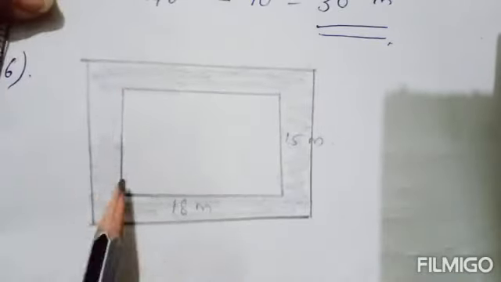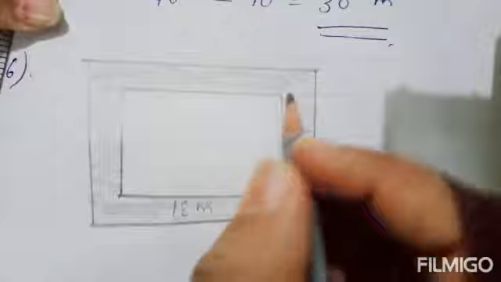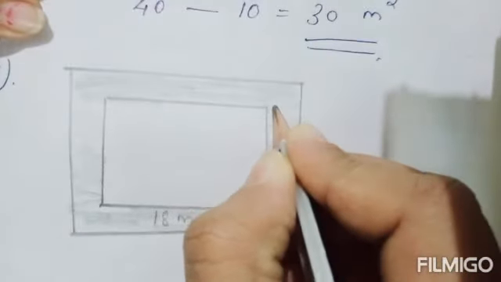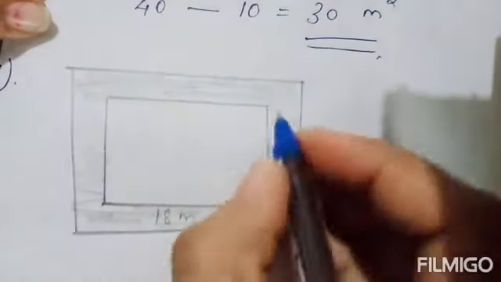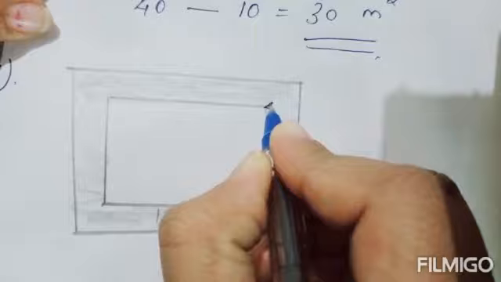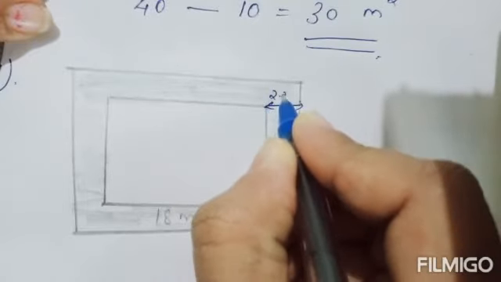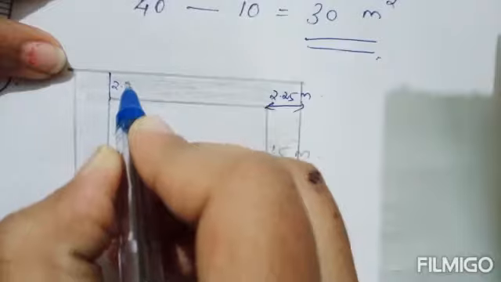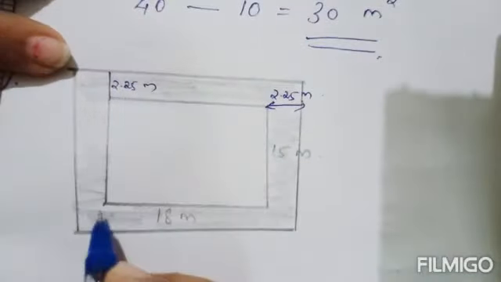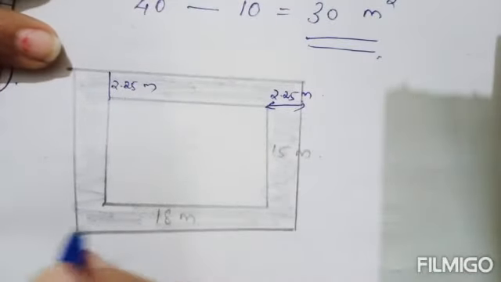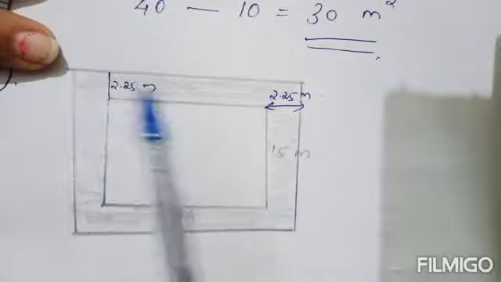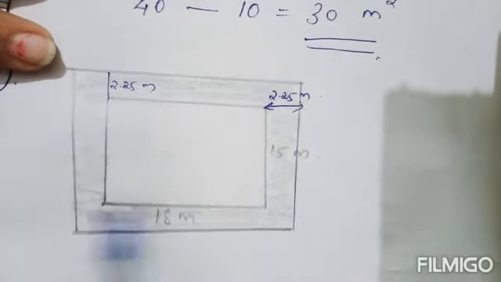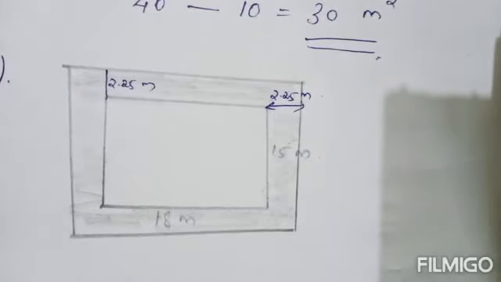Now this path is of uniform width 2.25. That is, the distance between this garden and the path is 2.25 meter. Around this garden, anywhere you take, it will be 2.25 meter only. You have to find the area of the path. That is the shaded region's area you need to find here.